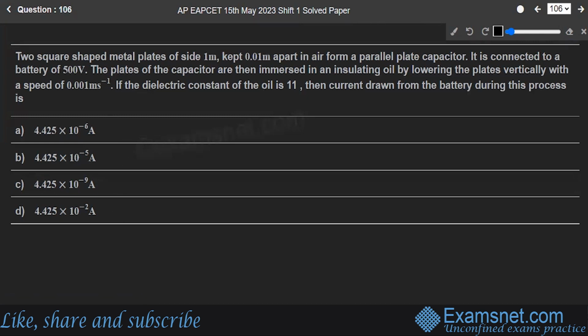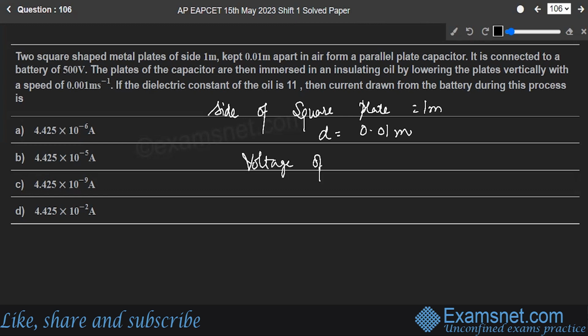Okay, so you are given that the side of the square plate is 1 meter. The distance between the plates is 0.01 meters, and the voltage of the battery is 500 volt.